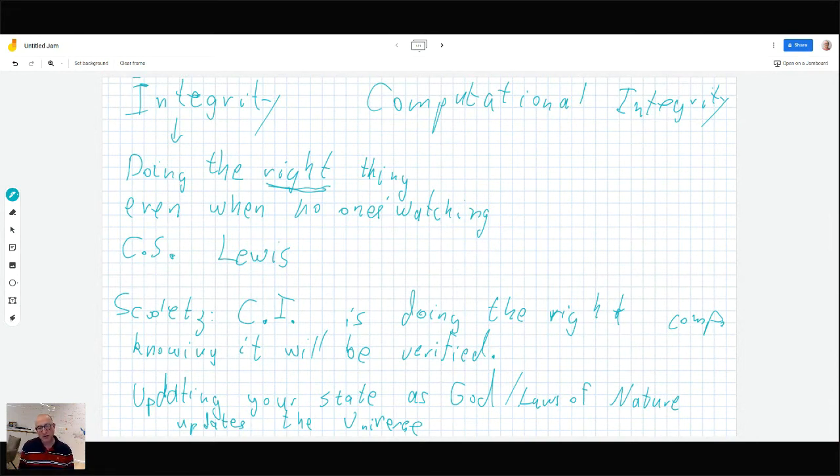And computational integrity means that we would like to be in a case where the state of the computations that we are running are updated in a way that is very much like nature would update the universe.